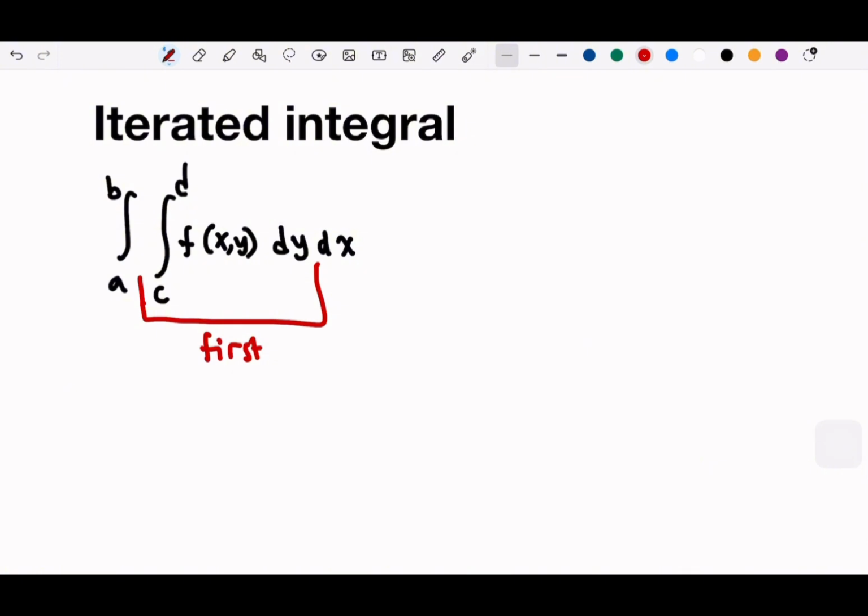We get the result, some equation here. Then we integrate one more time with respect to x, and plug in a and b to get the result. If a, b, c, d are all constants, the expected result is some value. Then we finish the second part. That is the default order to do the integrations.